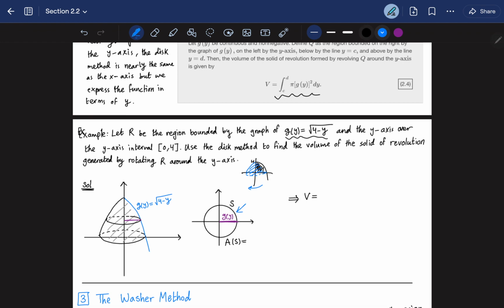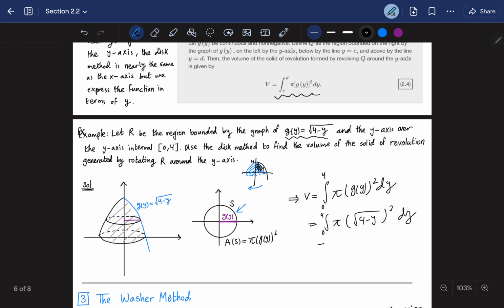Since it's a circle, the area is just pi g of y squared here. And using the disk method, I know this is just the integral of pi g of y squared dy. My g of y is just 4 minus y squared, dy. And we're going to have the same exact thing as we had in the above example, and so on.